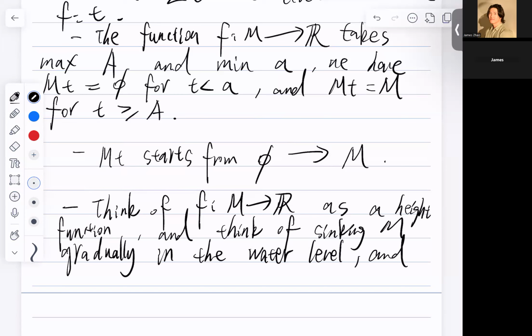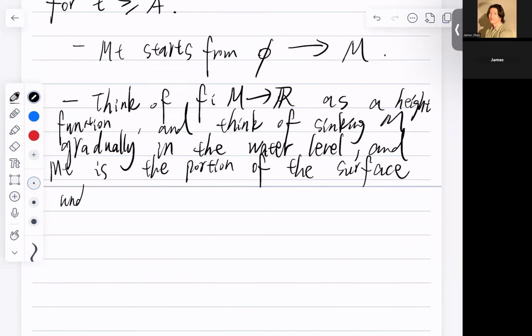And Mt is the portion of the surface underwater when the water level is t. Okay, great. So that concludes our lecture for today.